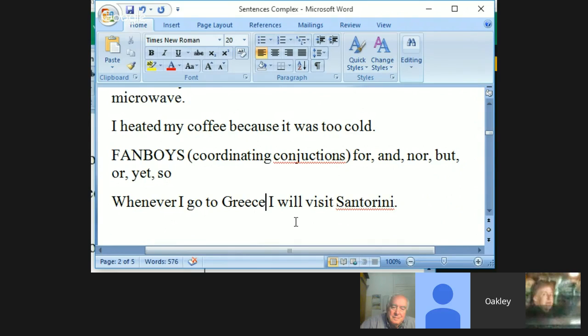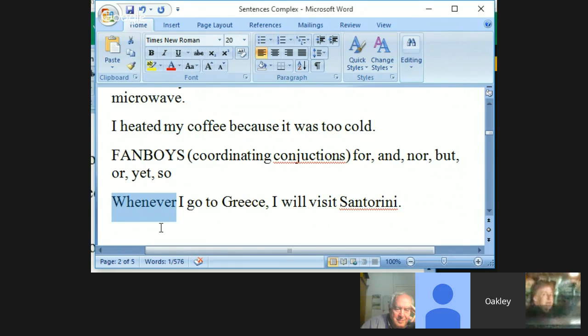Well, yes and no. This is a little bit of a confusing sentence. Okay, whenever I go to the store, I buy gum, meaning every time I go to the store, I buy gum. Whenever means each time.